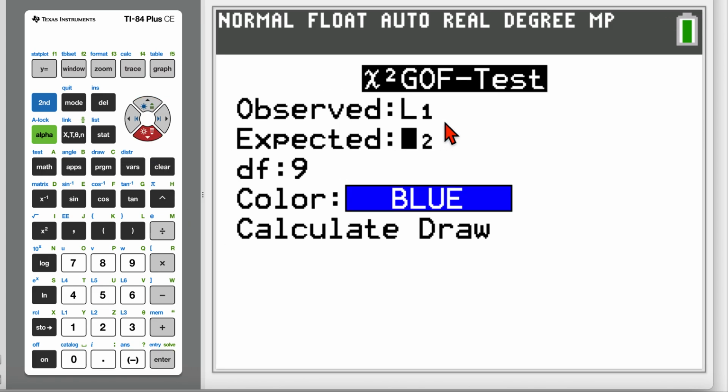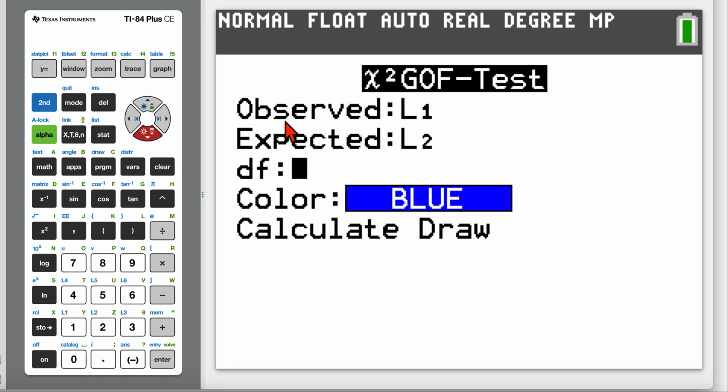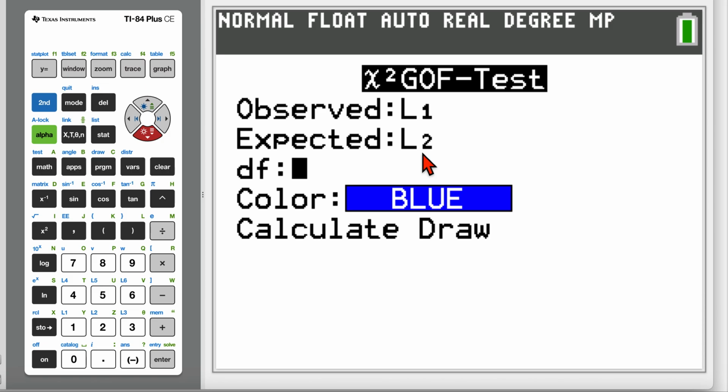Arrow up to chi-squared goodness of fit test. Notice it says, did you put your observed values in list 1? Yes, we did. How about your expected values? Are they in list 2? Yes, they are. Our degrees of freedom for a chi-squared goodness of fit test is always the number of cells in our original table minus 1. In this case, we had 6 cells in our original table.